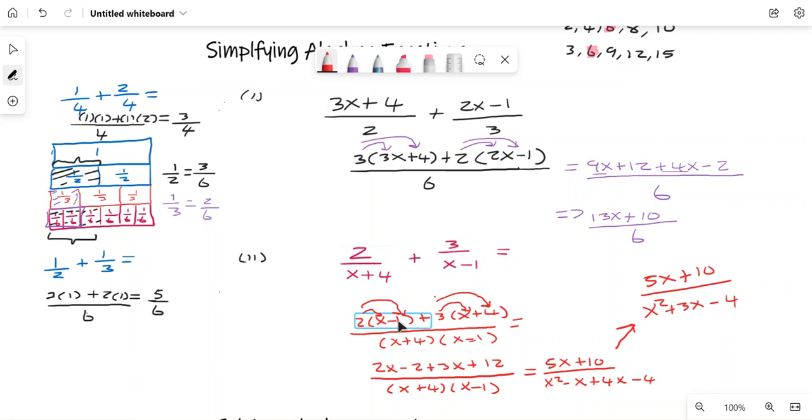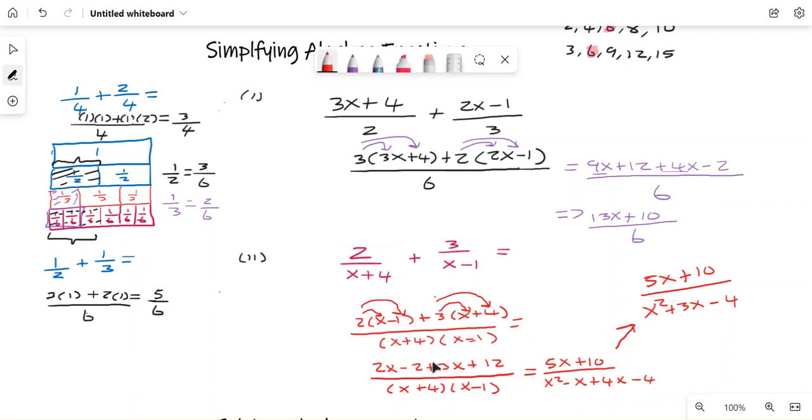So that's what we've done here. We do the same here. So x minus 1 divided by this leaves me with x plus 4. And then we multiply that by the top part, which is 3 times x plus 4. So we end up with something that looks like this. We remove the brackets by multiplying the term on the outside by each of the terms on the inside on both. So we end up with this.